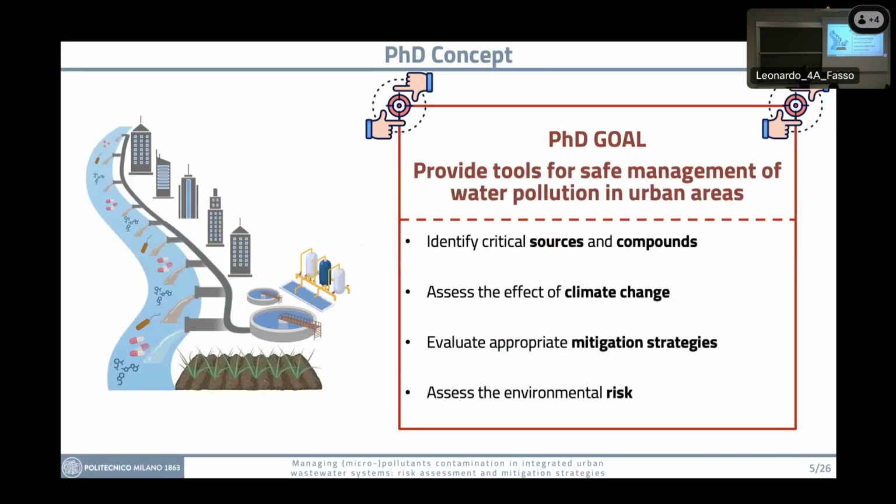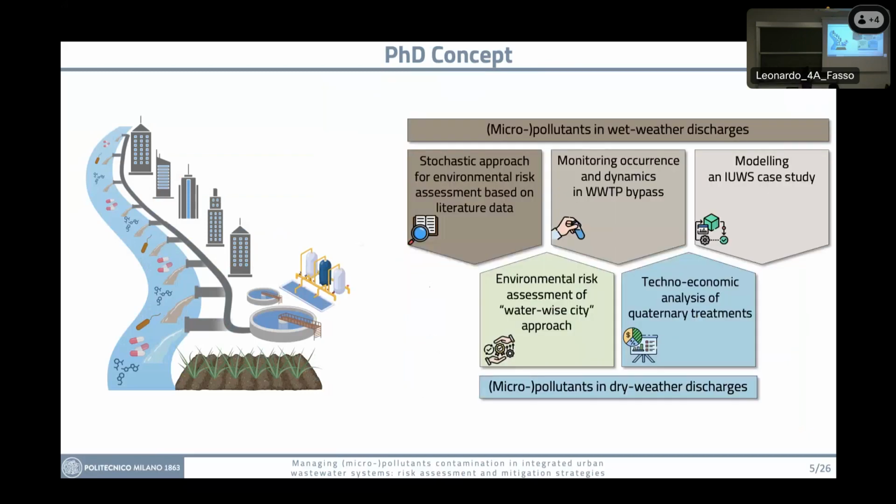So we need to know which mitigation strategies to realize and how, and also where, on which of these discharges. And last but not least, we want to assess the environmental risk in the receiving water body. So this is the goal. And to do so, we developed 5 different tasks.